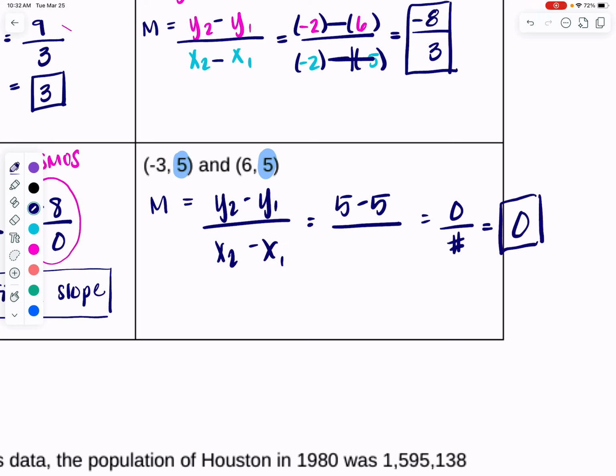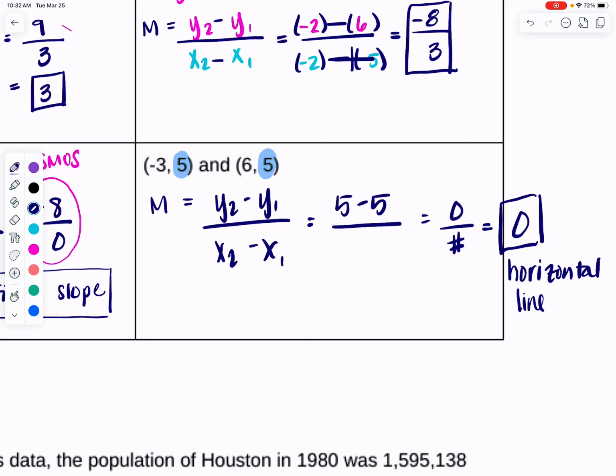Quick review. 0 slope means we have a horizontal line. So without even having to look at the x's, it doesn't matter what numbers I get for the x's, my slope is going to be 0.